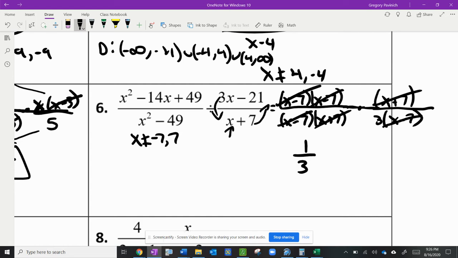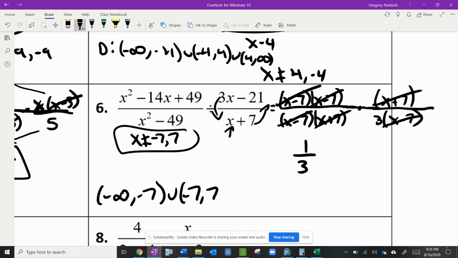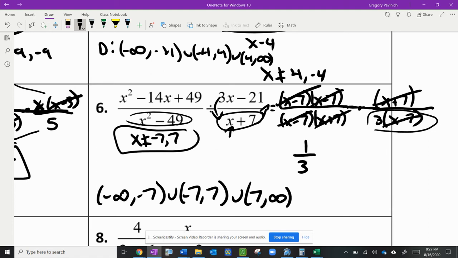This one was -7, and then I reciprocated it. I had a +7 when I reciprocated it. So it's just these two. But on division, you have to exclude all of these values in the beginning, and then when you reciprocate it, you also have to exclude the reciprocated denominator too. So it's a little bit tricky. You have to check in 3 places: 1, 2, and then this third one.